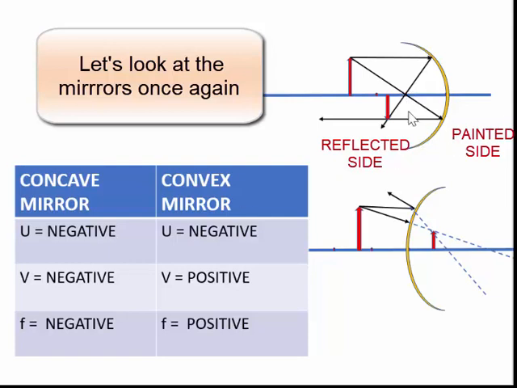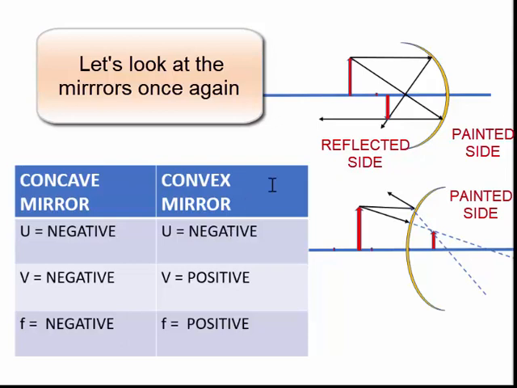Now, how do you make out what will be the sign of the focus? Which is that focus which is involved in image formation? The focus is this. The two rays are actually passing through the focus here. So this focus is on the left side of the pole. That's why we will also write our focus to be negative.